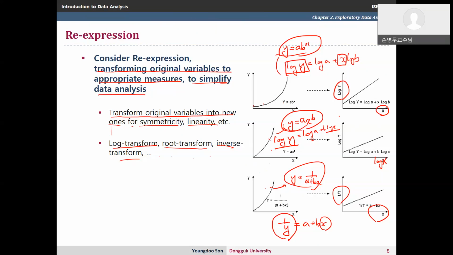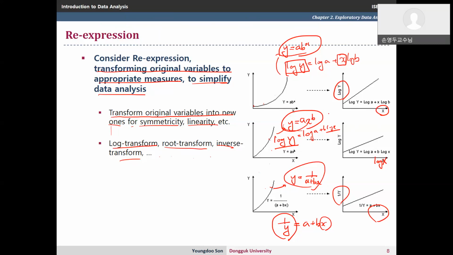However, if we take some log or inverse transformation of the variables, we can infer the form of the equation easily.